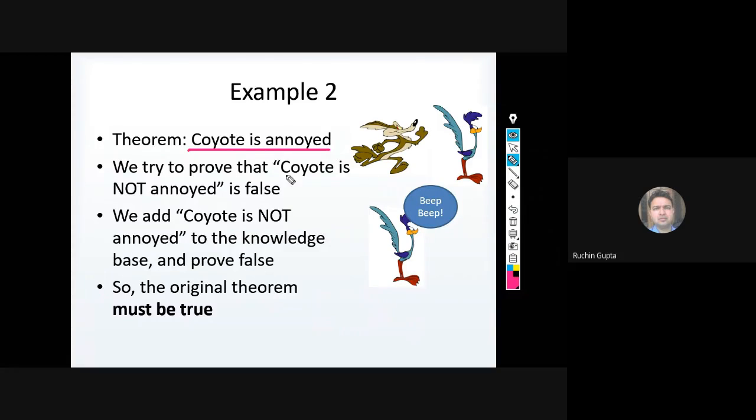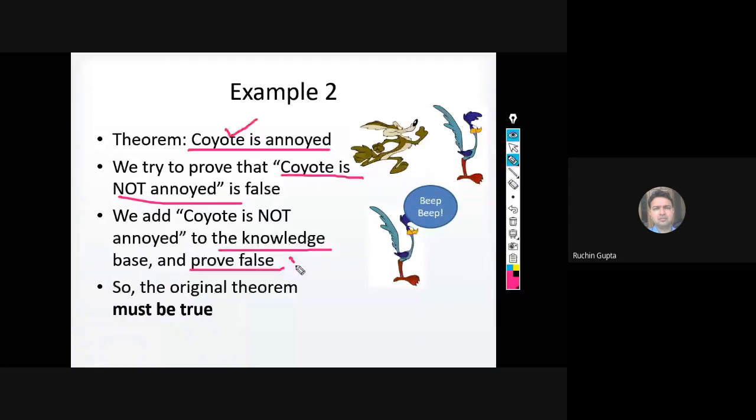So we will negate this statement first, meaning coyote is not annoyed, and we will add this negated statement to our knowledge base. We will negate the alpha, that means coyote is not annoyed. We will add this negated alpha to the knowledge base.